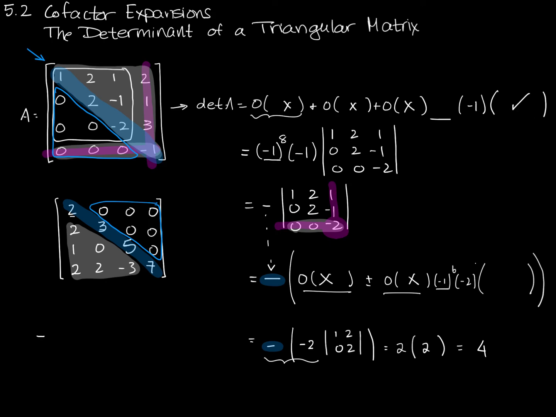So we're going to have -1 times some determinant. And what that determinant will be is -2 times some other determinant, because we don't need these ones, right? If we're using these as coefficients, they're just going to zero out the terms that we would use them in.